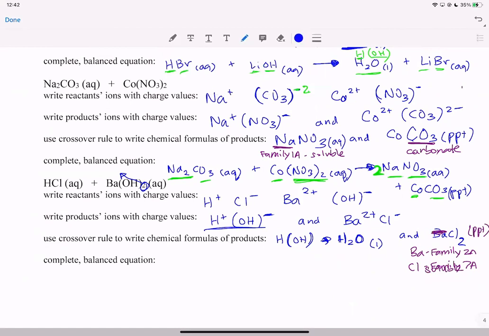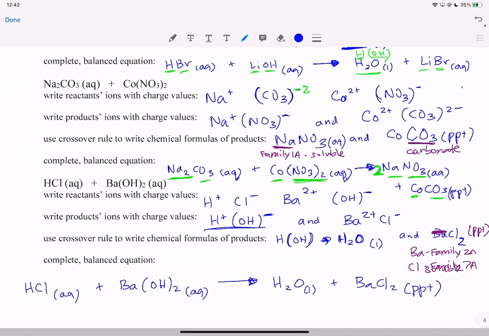And so the complete balanced equation, you want to take those reactants and copy them exactly. This is HCl (aq) and Ba(OH)2 (aq). And then have your arrow. On the other side of the arrow, you're going to write the H2O (l) and then the BaCl2 (ppt).